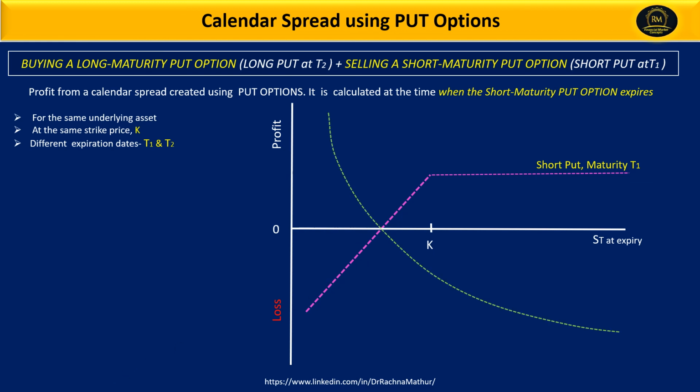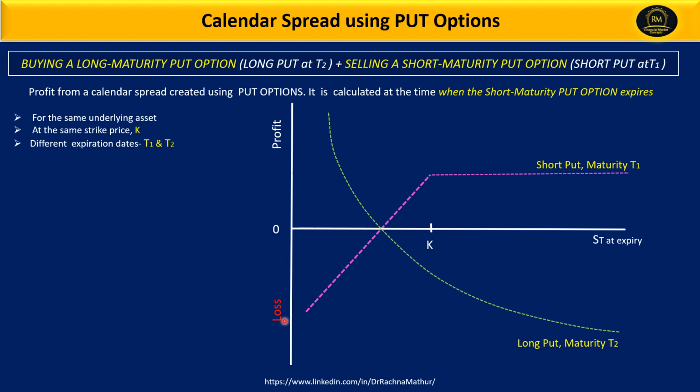Now the other part of the strategy is buying a long maturity put option, that is, a long put. A long put means buying a right to sell the underlying, so you have to pay the option premium.